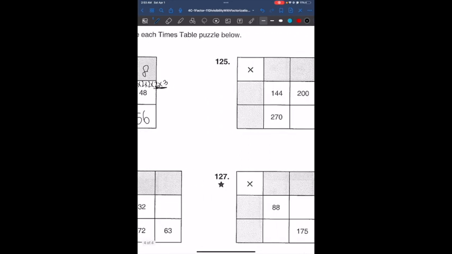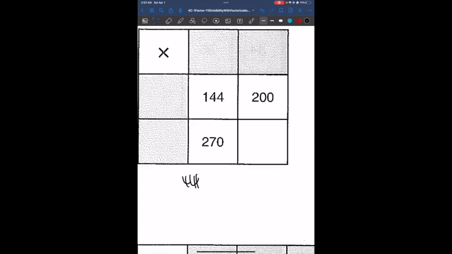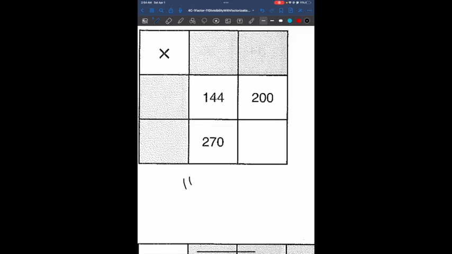And then for problem 125, 144 can be expressed as 9 times 16, so that's going to be 2 times 2 times 2 times 2 times 3 times 3.